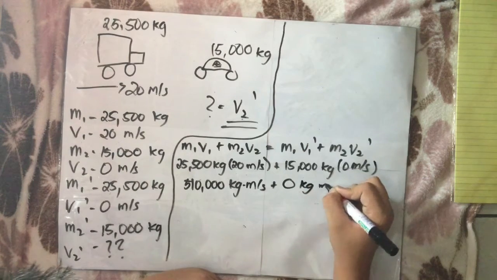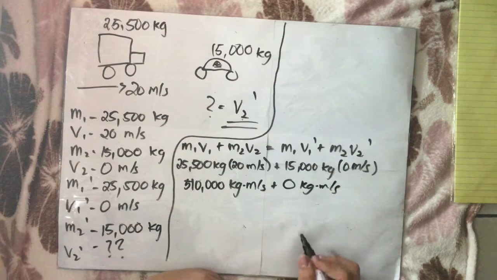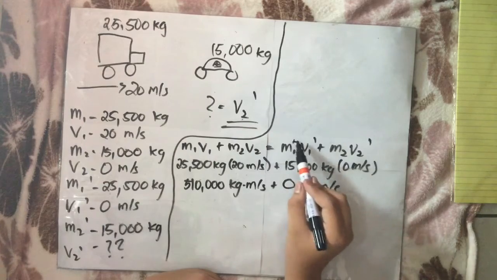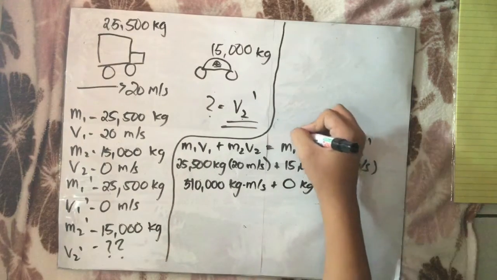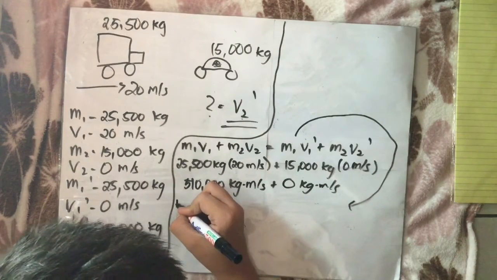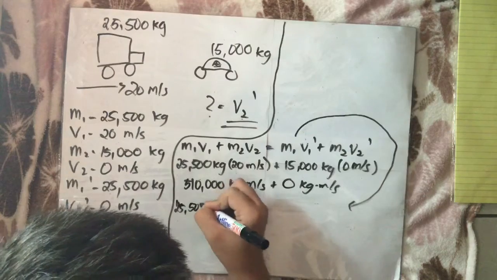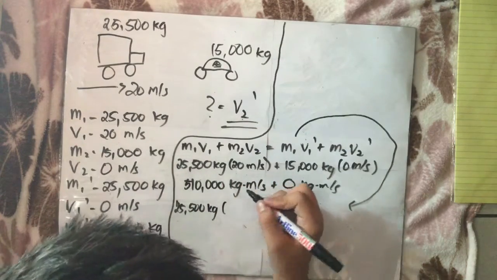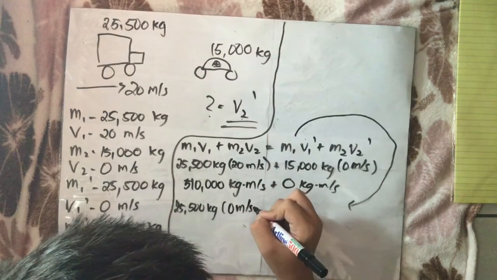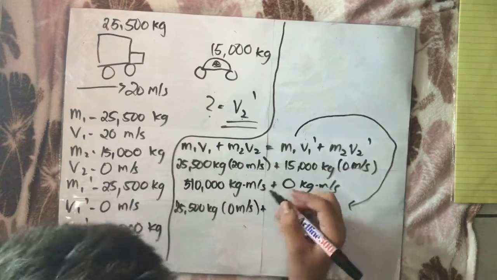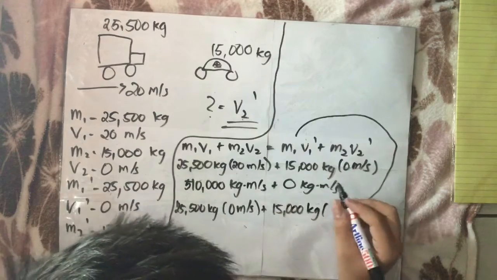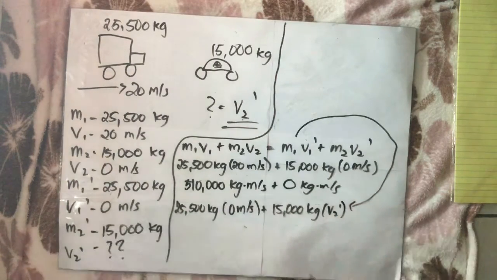Next, we will substitute the values of the next terms. So M1 is 25,500 kilograms times final velocity 0, plus mass 2, 15,000 kilograms, multiplied to the missing, V2 after.